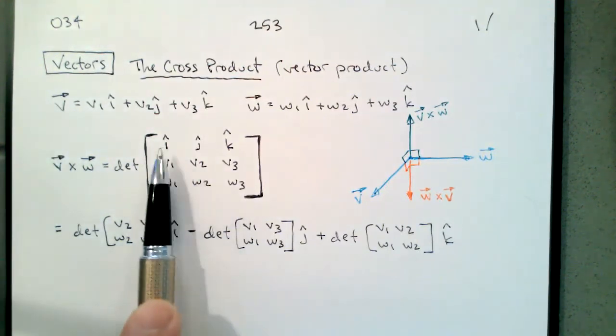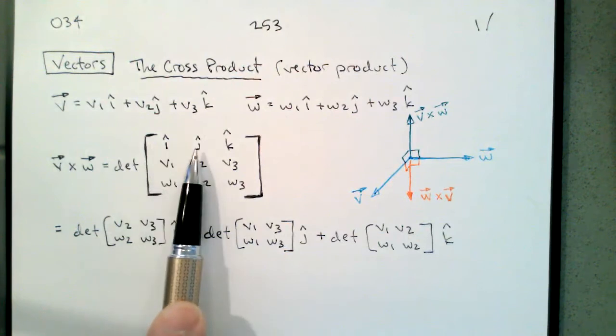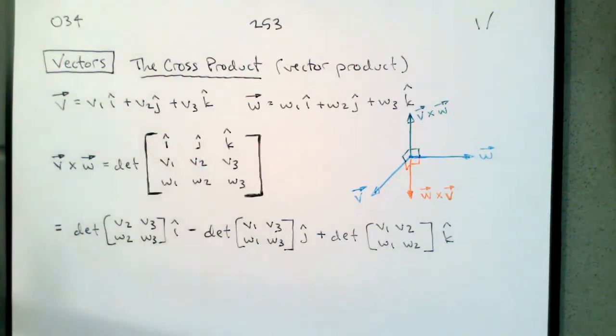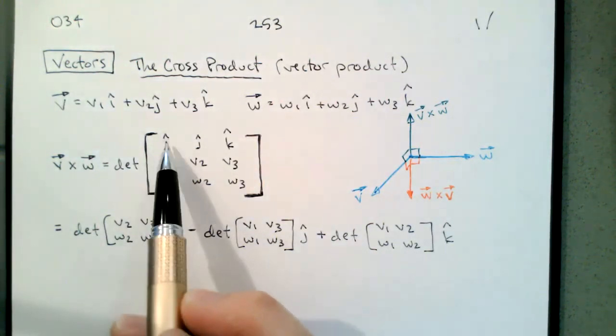Since we start positive in the upper left, the second one will always be subtraction. That's just part of calculating determinants. It always starts with positive in the first row, first column.